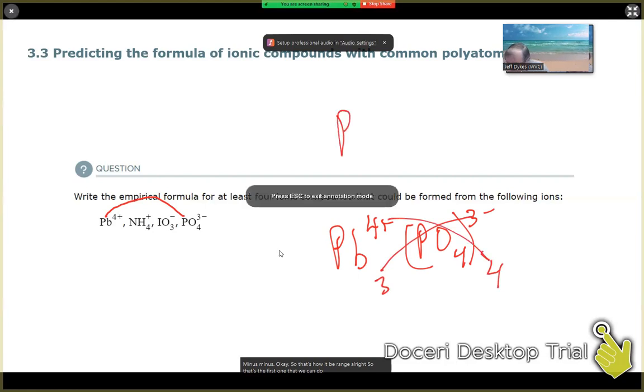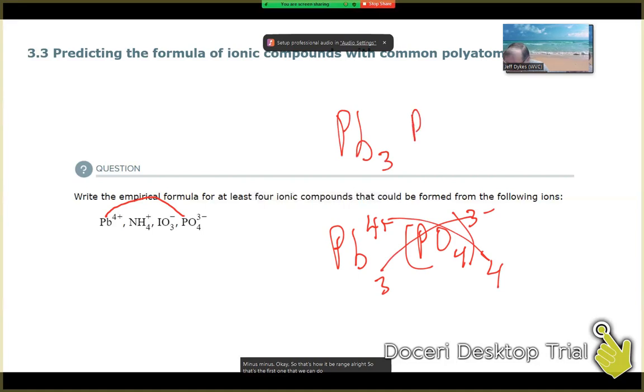So we get Pb3 and then PO4 with a 4 outside of that. Okay, so that one's the second one.